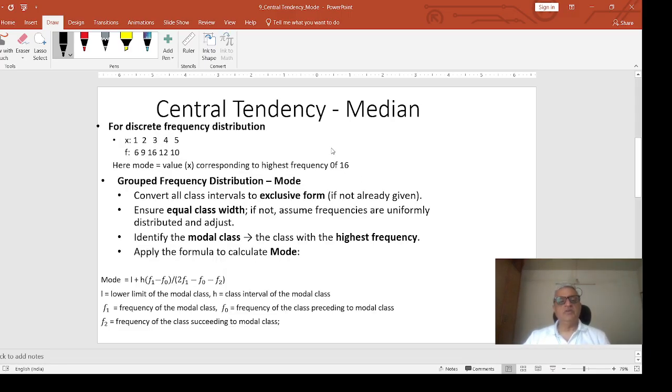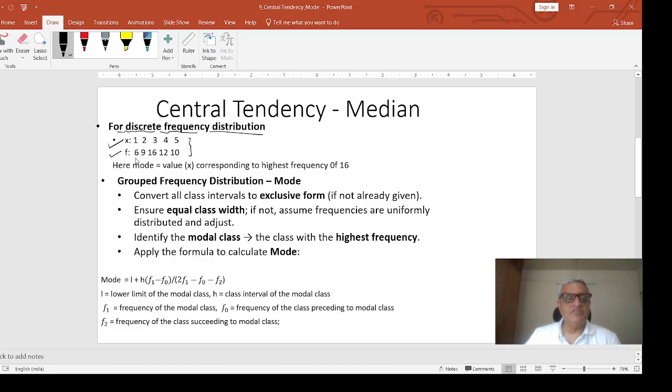Let's move on. Let's consider another example. We just previously saw a simple example of a data series. Now let's see a discrete frequency distribution. If you remember, we have x and we have frequencies of those values. So 1 occurs 6 times, 2 occurs 9 times, 3 occurs 16 times, 4 occurs 12 times, and 5 occurs 10 times.